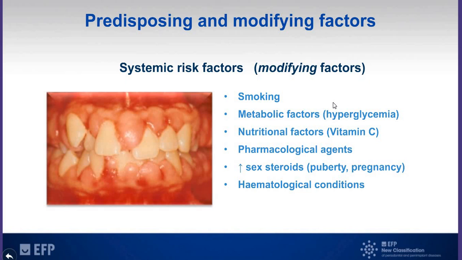Systemic risk factors include smoking, diabetes, nutrition deficiency like vitamin C, and pharmacological agents. Some drugs may affect the periodontium, like we talked about previously, phenytoin, cyclosporine, nifedipine, which cause gingival swelling, for example. Also increasing sex steroids, estrogen and progesterone during puberty and pregnancy, and hematological conditions.